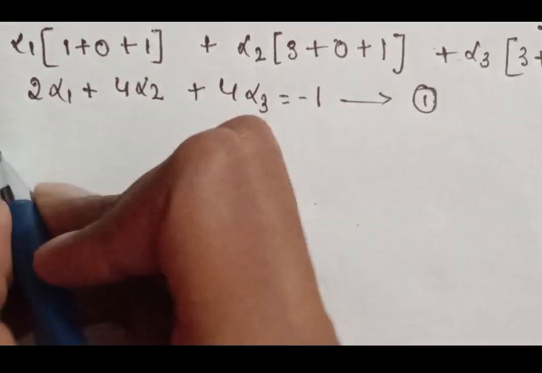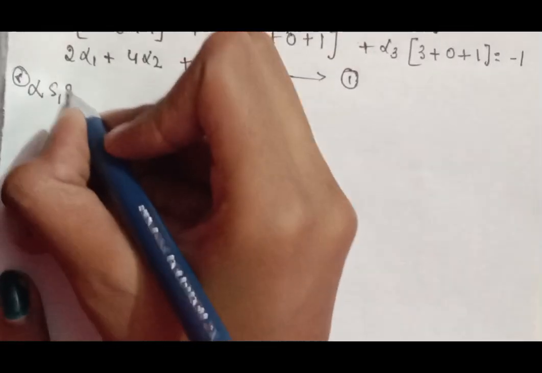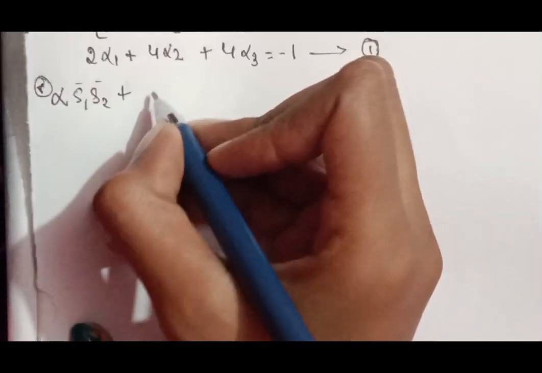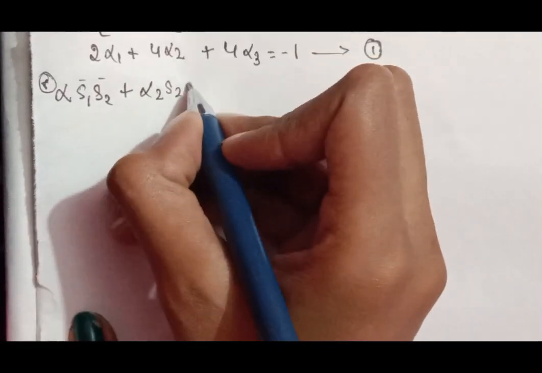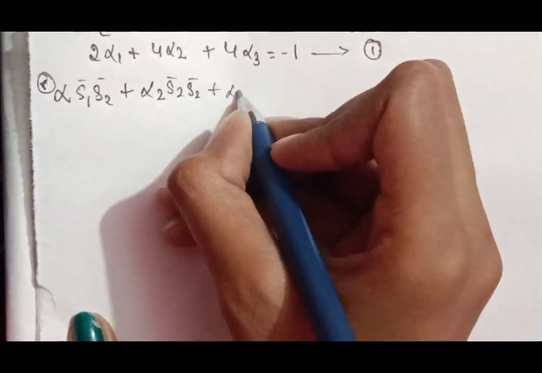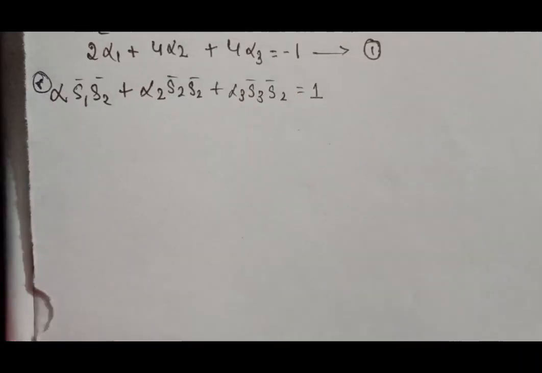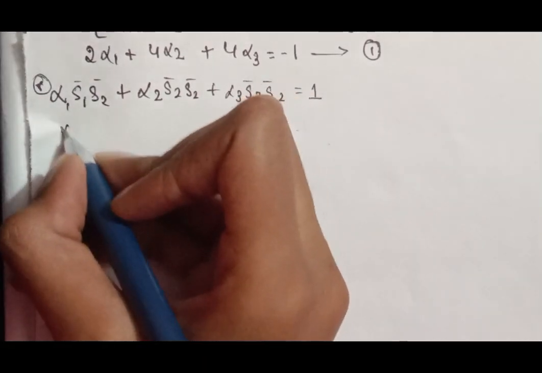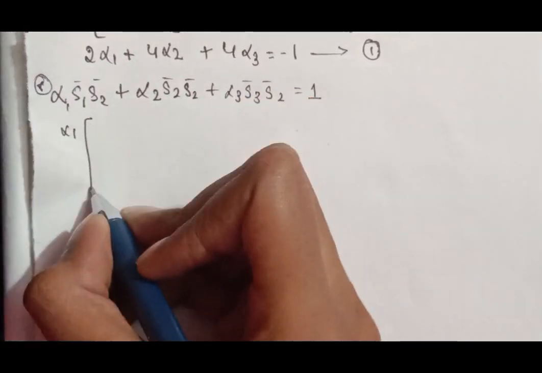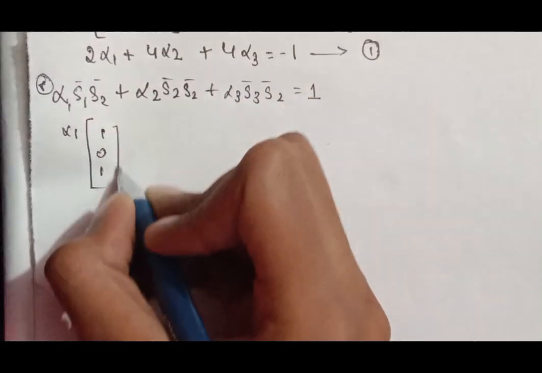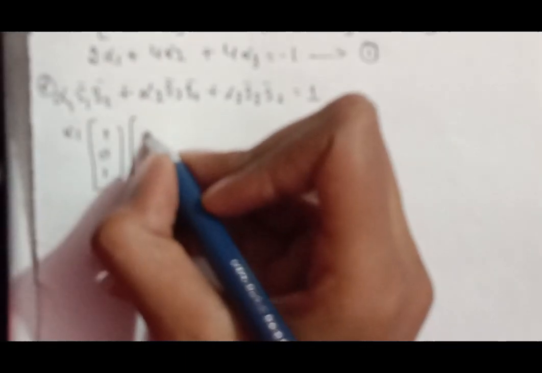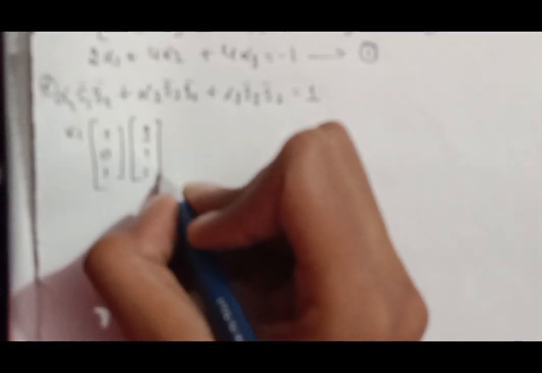So moving to the second equation: alpha 1 S1 S2 plus alpha 2 S2 S2 plus alpha 3 S3 S2 super vector equals 1. As we already know, alpha 1, keep it as it is. S1 is 1 0 1, S2 is 3 1 1.